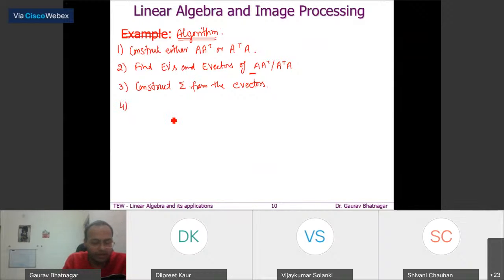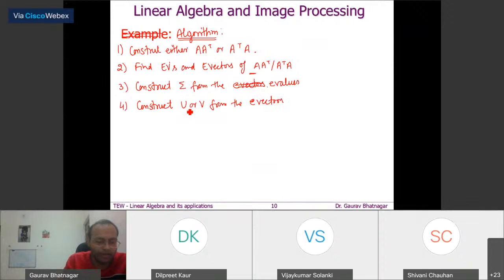Fourth, construct u or v. Sorry, I made a mistake: this is going to be the eigenvalues, and this is going to be the eigenvectors.